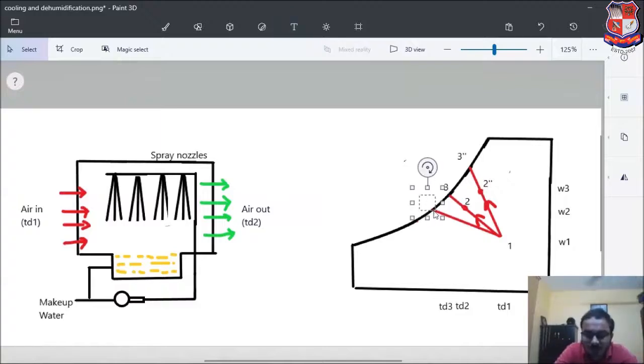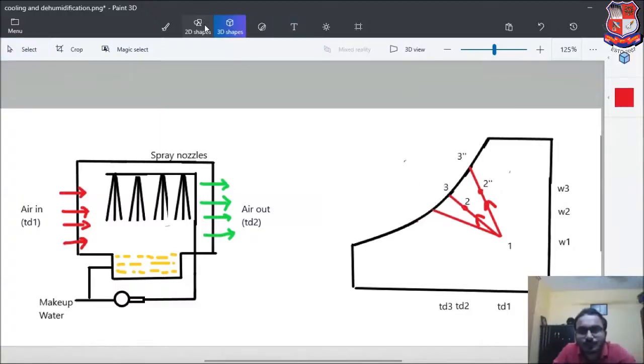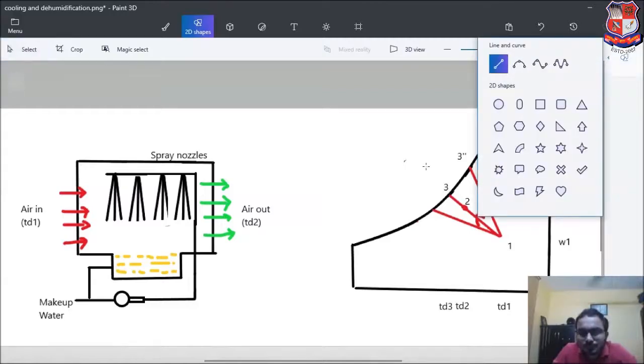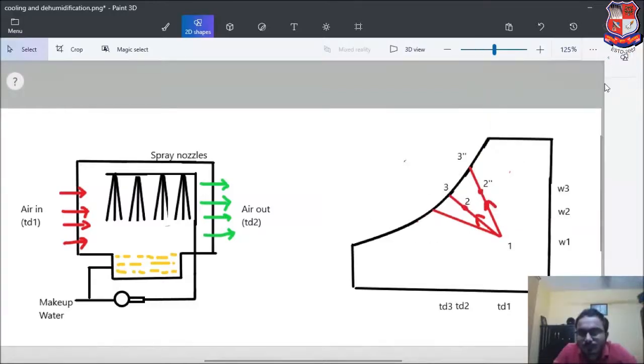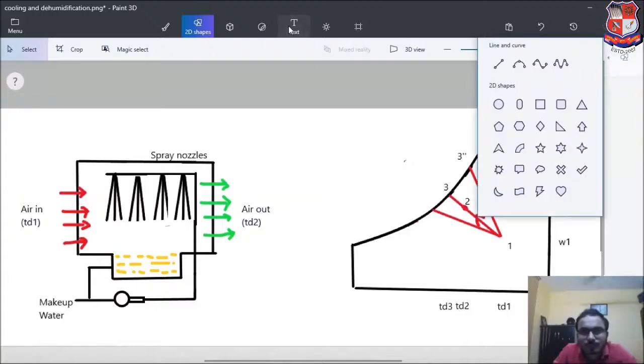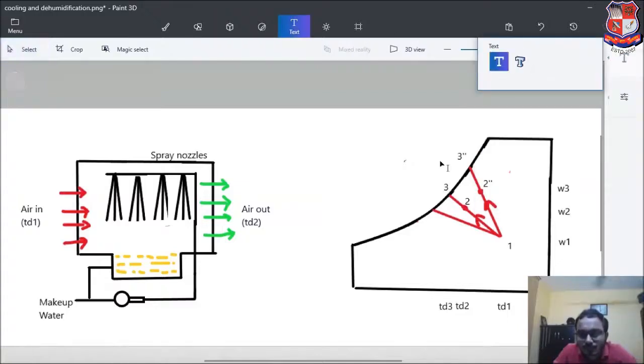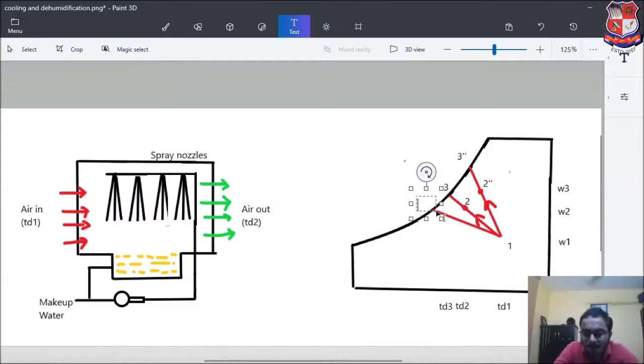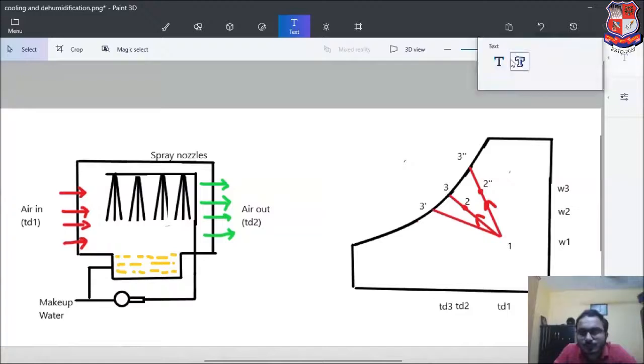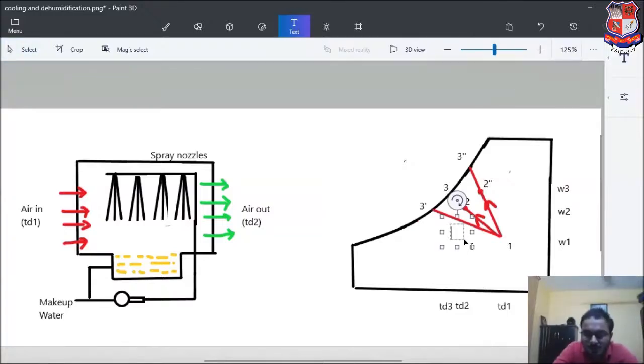This will be our 3 prime, and this will be 2 prime.